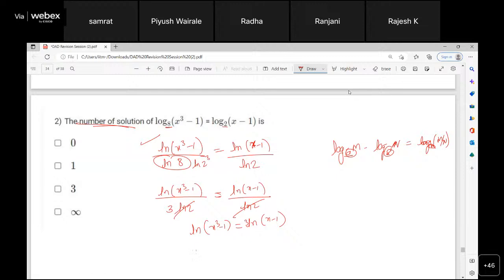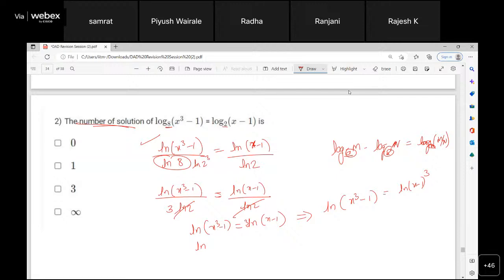So you get ln of x cube minus 1 is equal to ln of x minus 1 the whole cube. Then I can apply the property in reverse also, right? Now because the base is the same, you can equate: the ln is basically not applicable anymore. You can remove it and you say x cube minus 1 is equal to x minus 1 the whole cube.